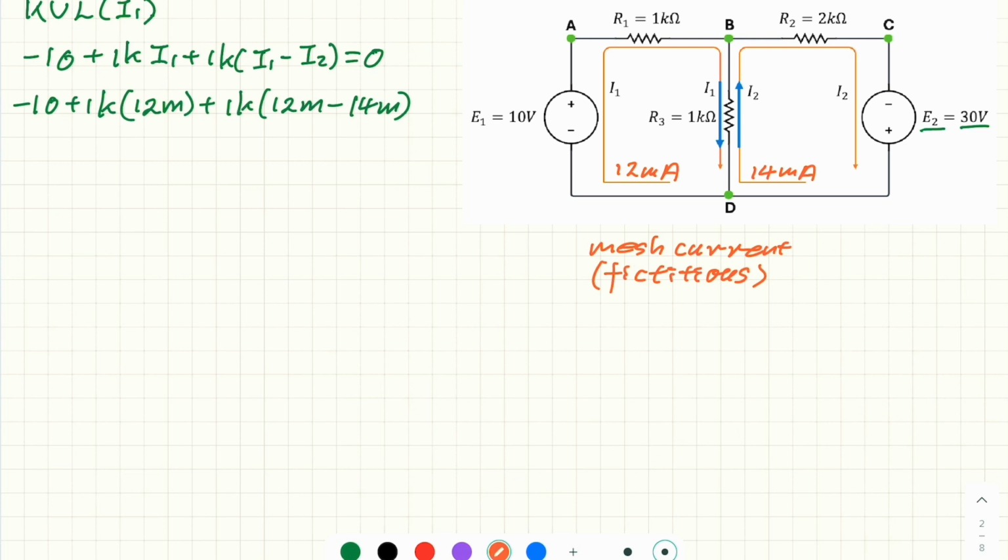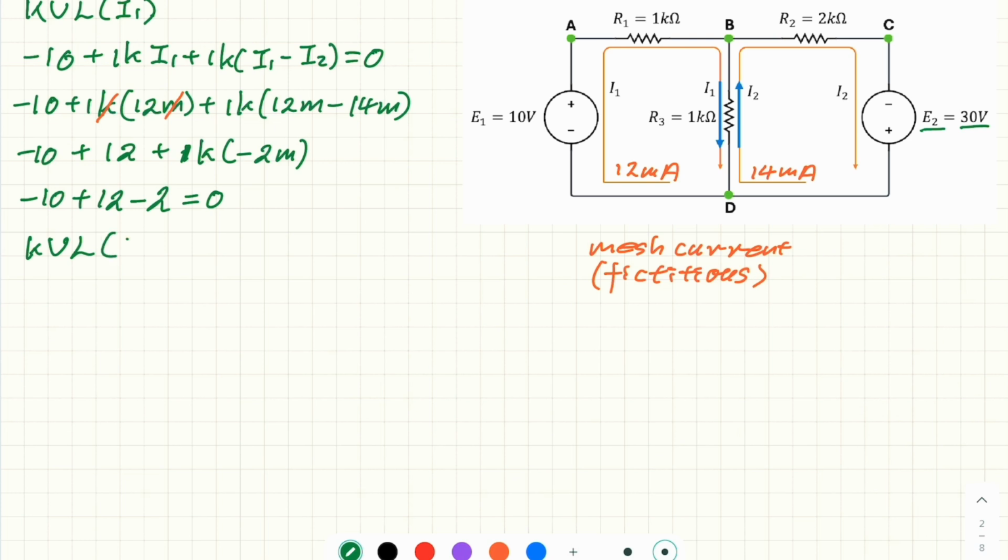Again, whenever we see k as a prefix multiplied by m as a prefix, it equals 1. So here we have minus 10 plus 12 plus 1k times minus 2m, so minus 10 plus 12 minus 2 equals 0. So equation 1 is correct.